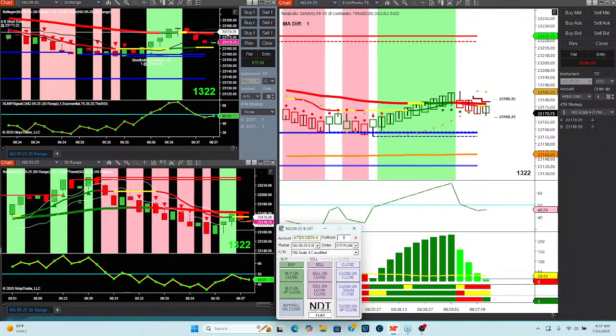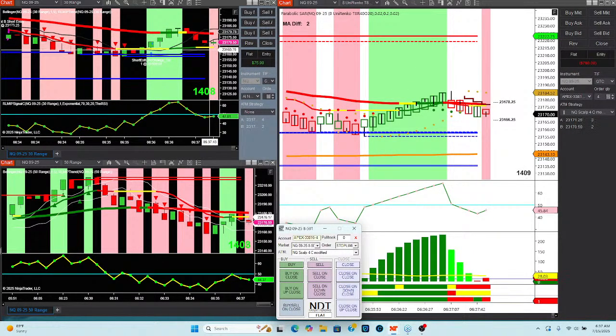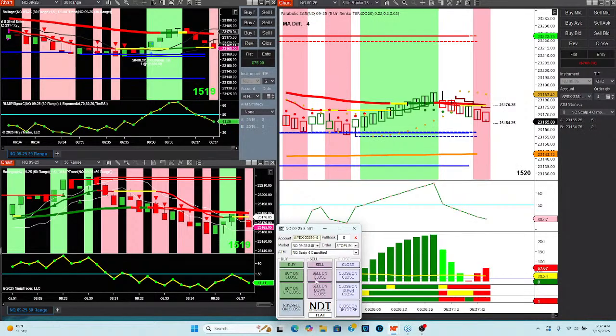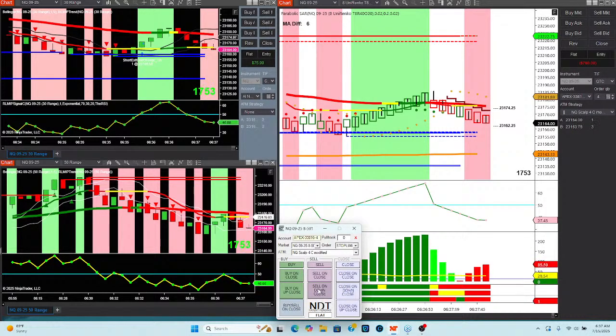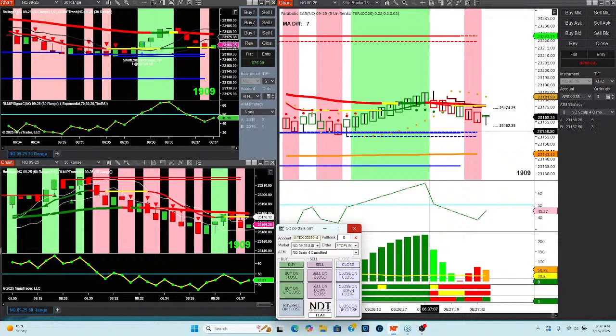So if my bias matches up and I've got... see, I've got to be careful with this volume zone here. I held it up before.